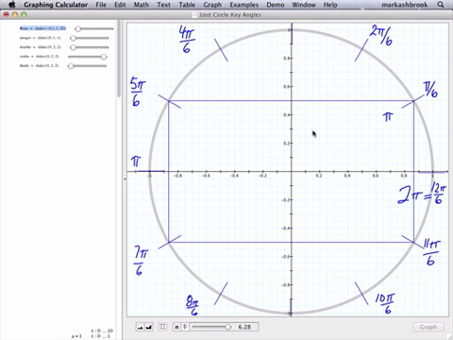And I will tell you that it is exactly 0.5. The sine of pi over 6 is exactly 0.5. So that's this right here. Not approximate, it's exactly 0.5. And that's the sine of pi over 6.